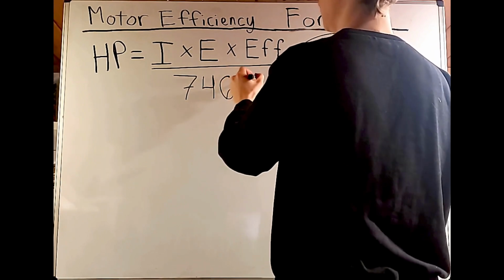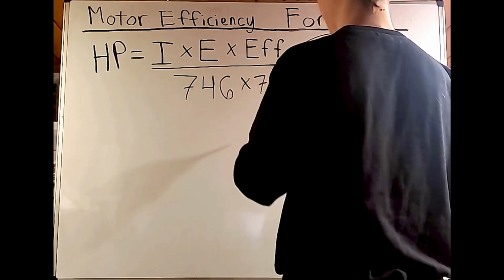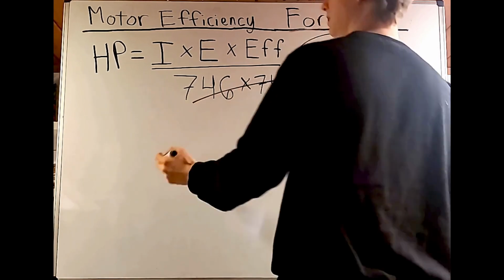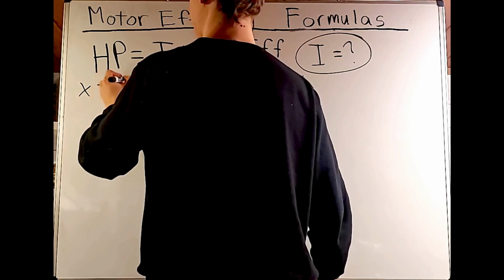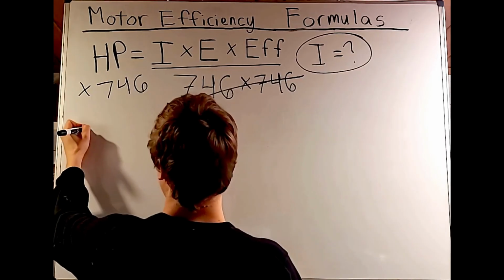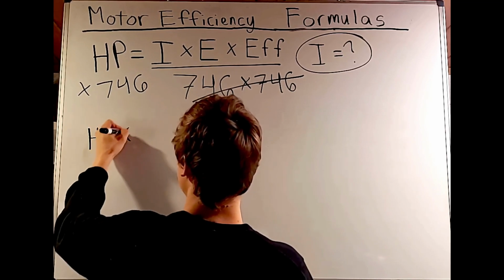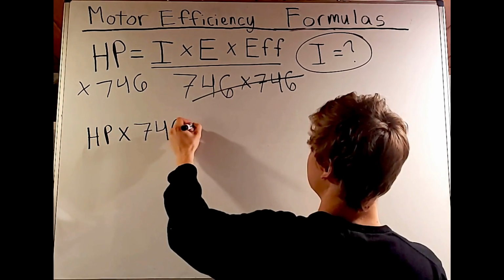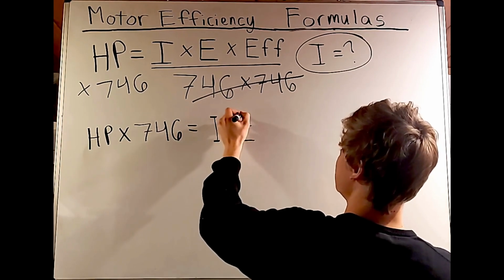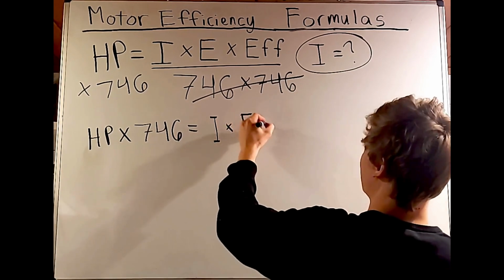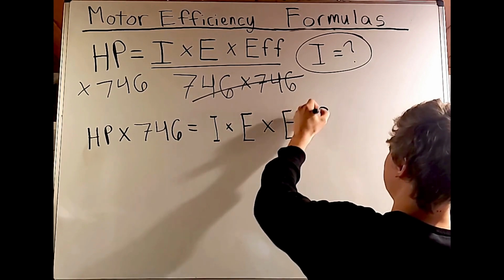To change it, it's being divided by 746, so I'm going to multiply by 746, canceling it on the right side, and now doing the same thing on the left side. Now I have horsepower times 746, and that is going to equal current times voltage times the efficiency percentage, EFF.